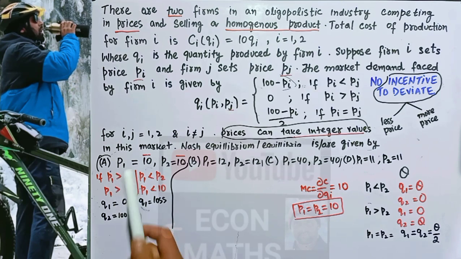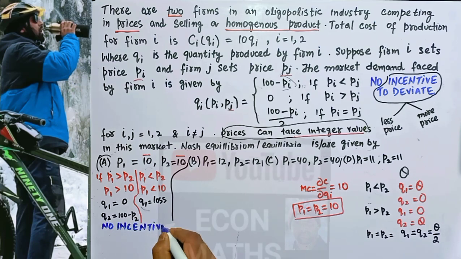So there is no incentive for firm 1 to change his initial strategy. Okay, so here we can say firm 1 has no incentive to deviate.